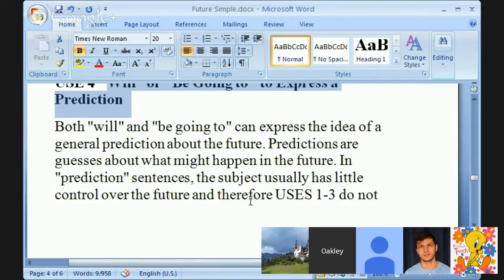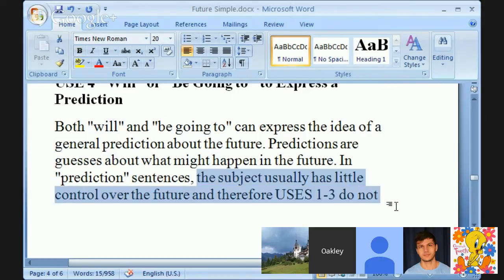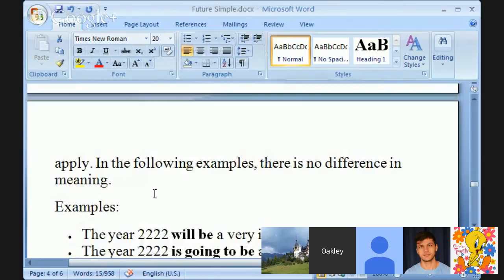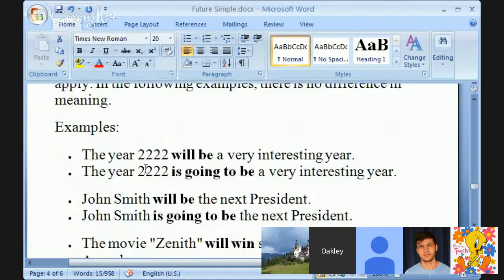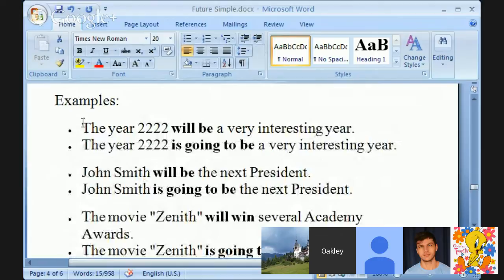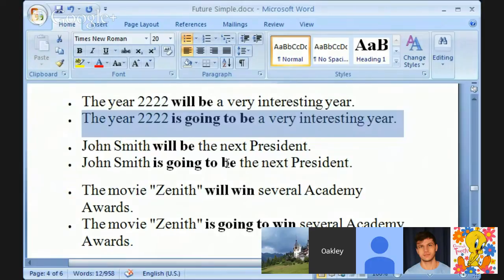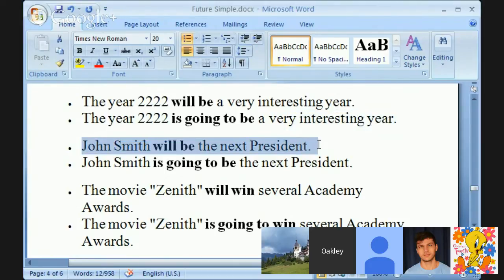In prediction sentences, the subject usually has little control over the future, and therefore uses 1 to 3 do not apply. There's no difference in meaning. The year 2222 will be a very interesting year. Maybe, maybe not. The year 2022 is going to be a very interesting year. These are obviously predictions because they're completely out of the speaker's control. John Smith will be the next president.